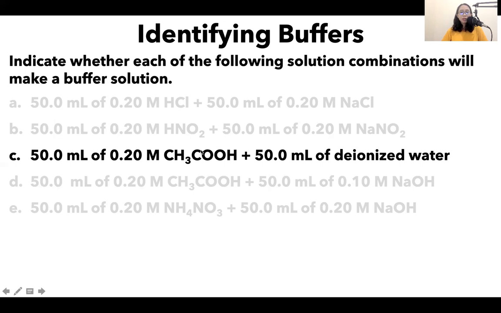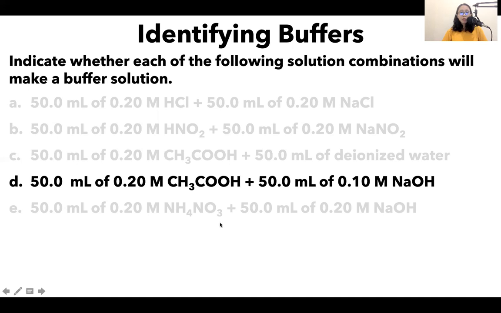It's not a buffer because you have a very, very small amount of the conjugate base acetate. This acetate will come from the dissociation of acetic acid. But this concentration of acetate is not enough for you to form a buffer. So letter C is not a buffer.